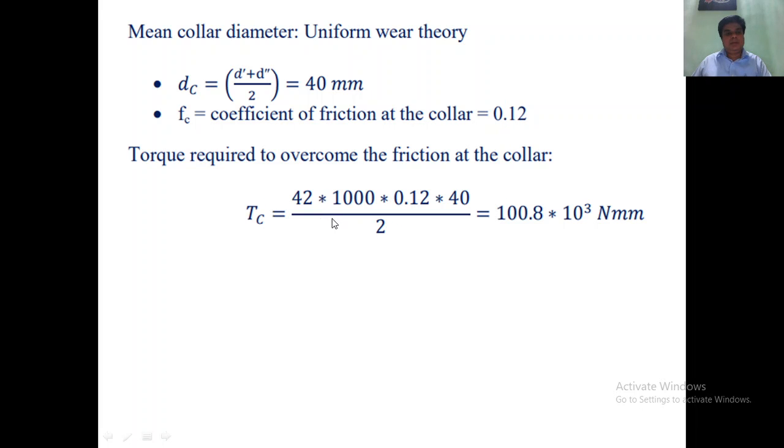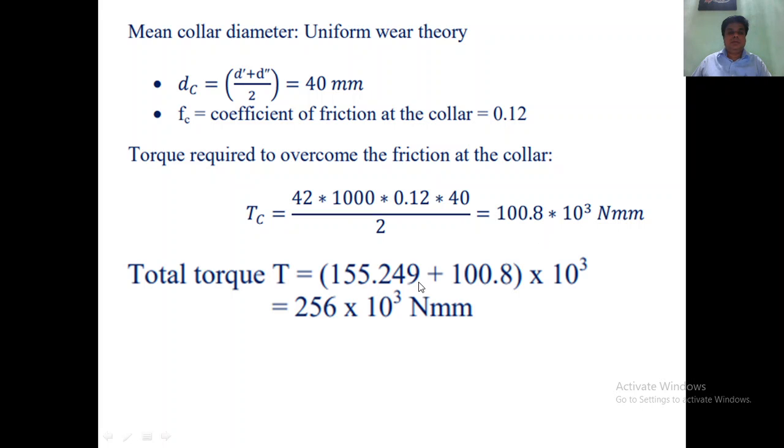Once we know these two, DC and FC, we can calculate the torque required to overcome the friction at the collar. This equation we have derived and it is there in the data handbook, so you can directly calculate the torque required here.